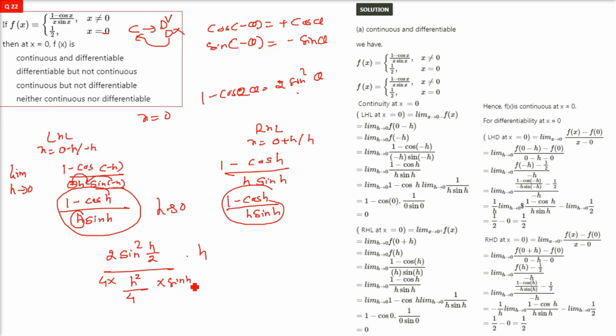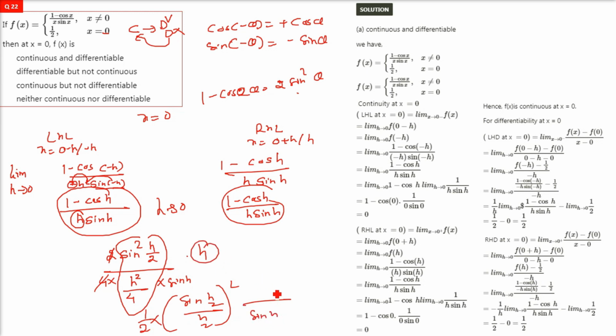Now we know most of the results. This is sin(h by 2) whole square, which is sin theta by theta whole square, and we know that sin theta by theta is 1. 2 by 4 will give you half. And this sin h by h or h by sin h, they are similar.